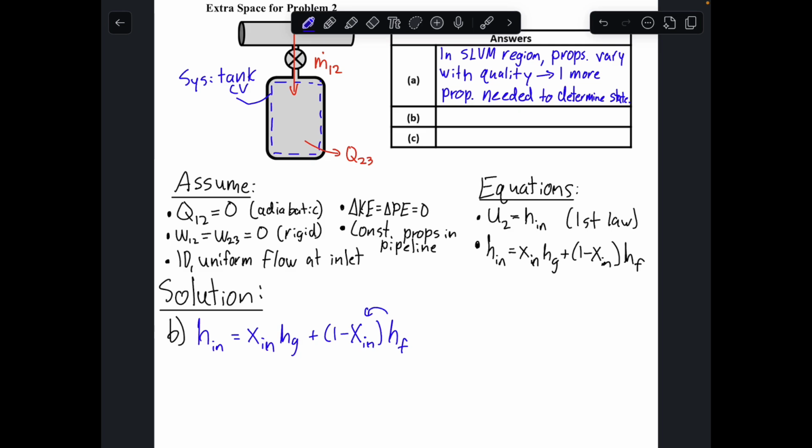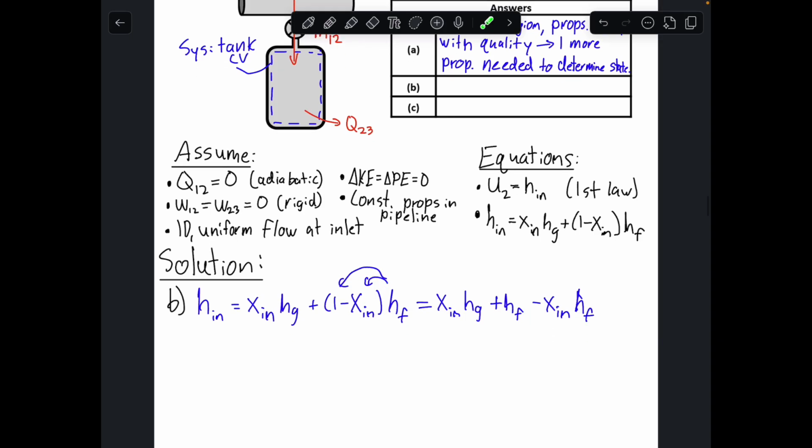So we just distribute the Hf to the two terms here, and this right side becomes X in times Hg plus Hf minus X in times Hf, right?